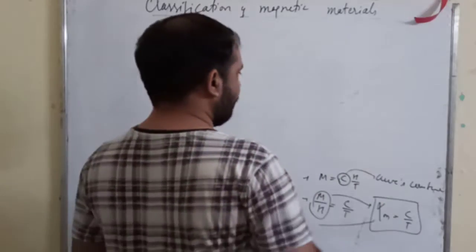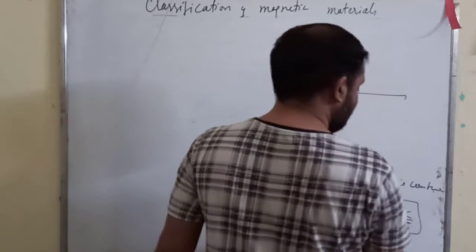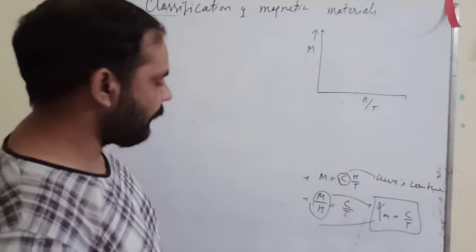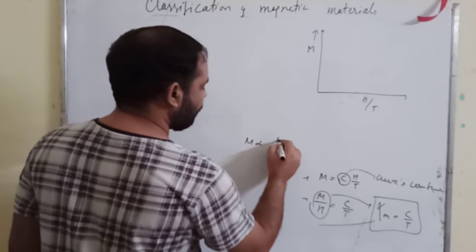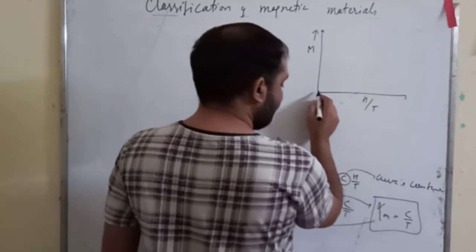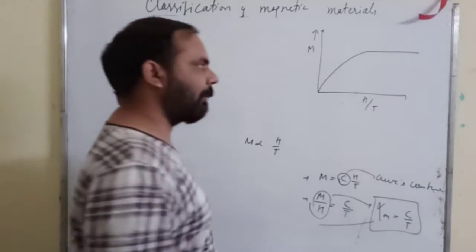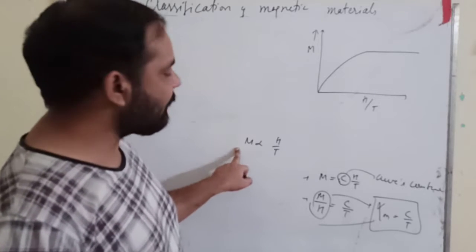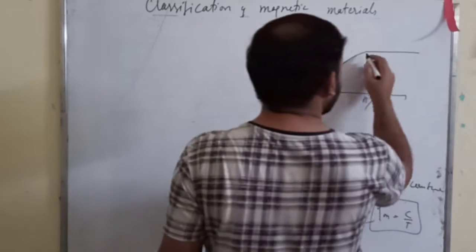Now here we can draw a graph of M versus H upon T. From this function, M is directly proportional to H upon T. So what happens is that the value of M increases first with H upon T, initially increases, and then later becomes parallel.